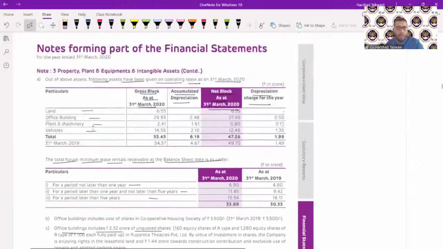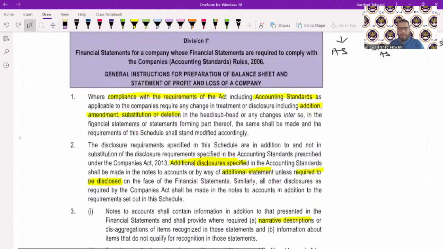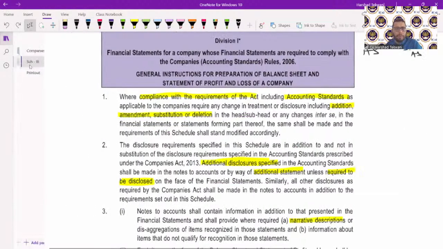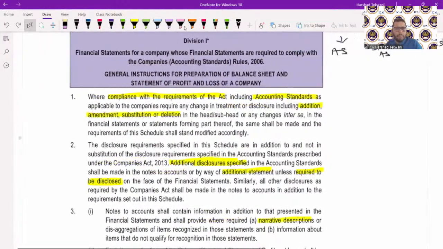Okay. For example, let's say this particular note is there. Sorry. It went. Just give me 1 second.